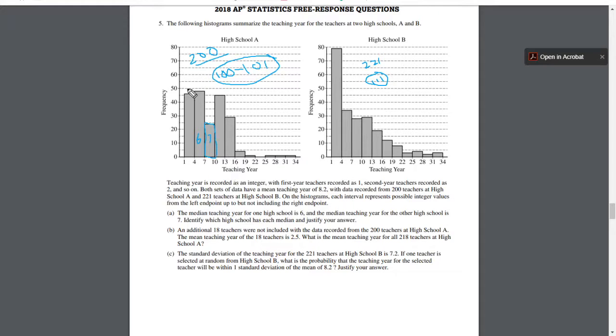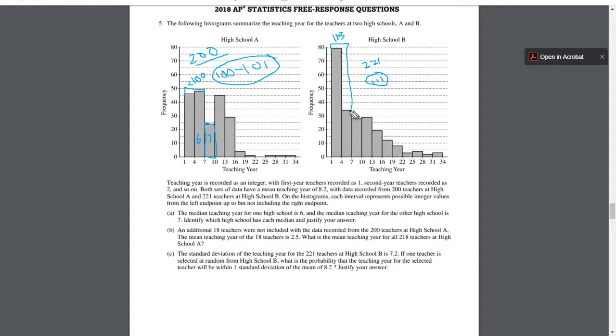So this is less than 100, because both of those are less than 50. This is like 113.